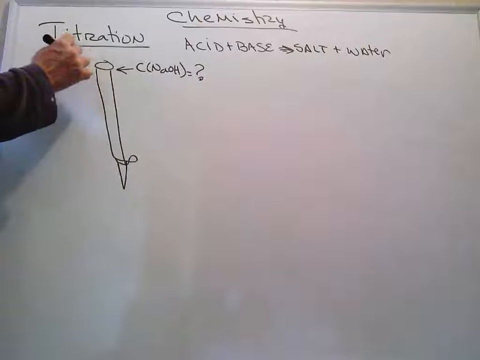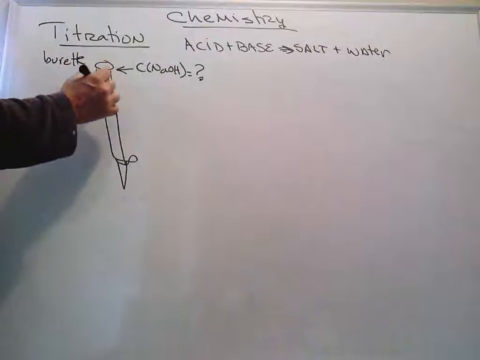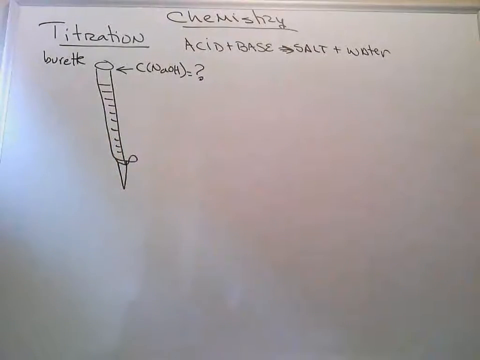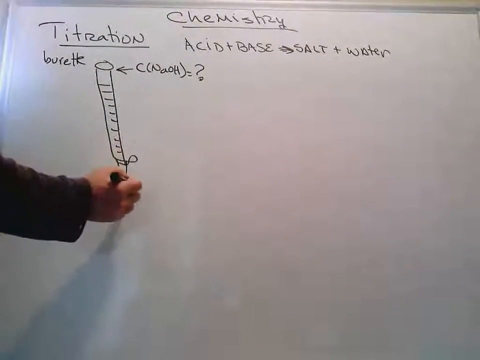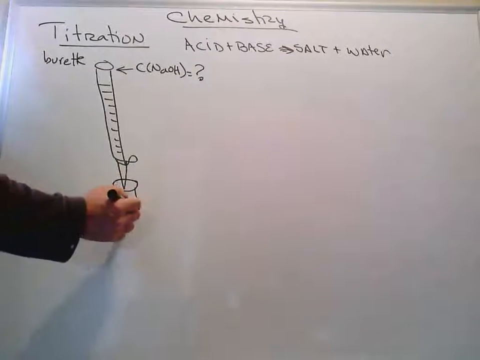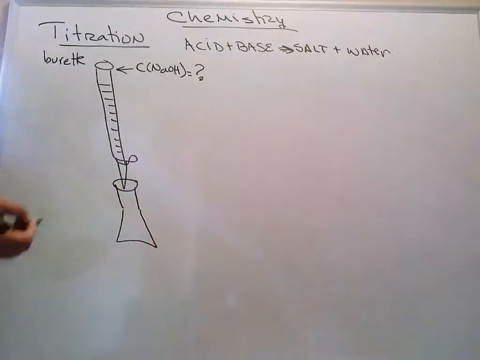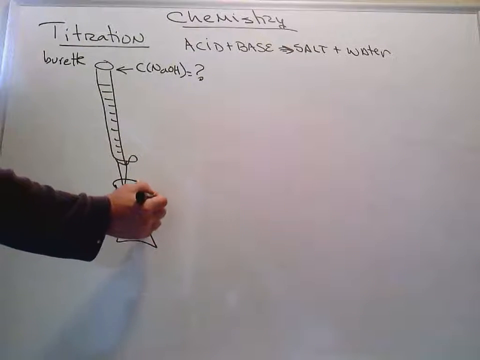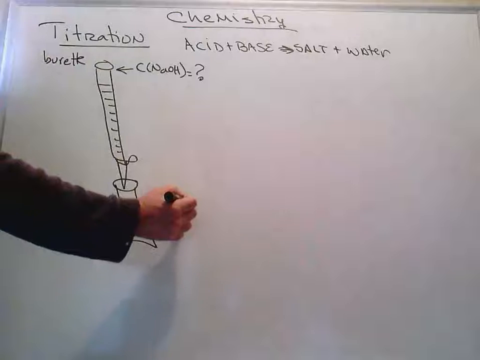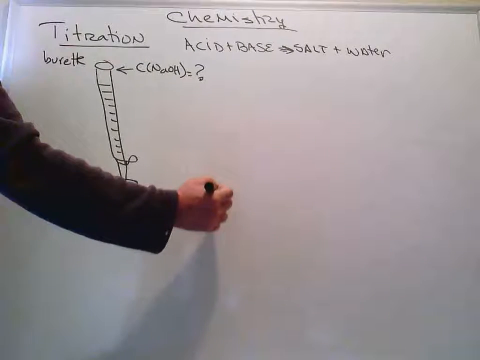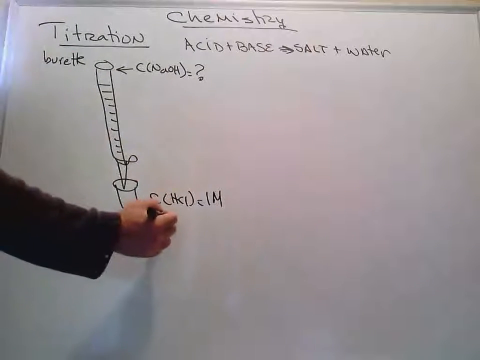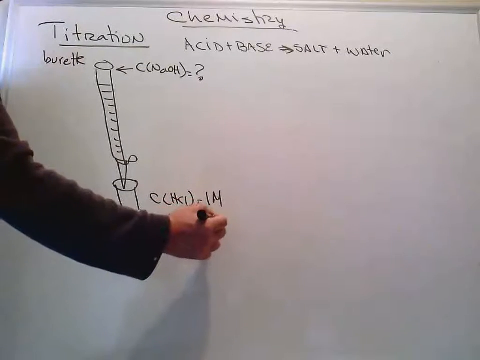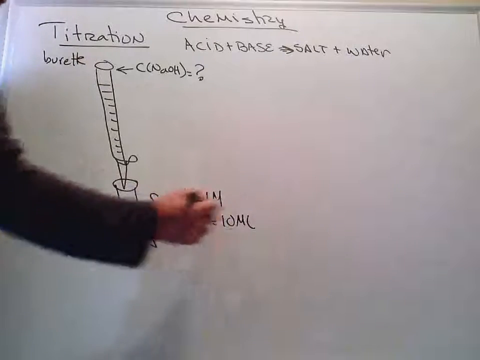Remember, the burette is a tool we use in chemistry to measure very exact volume, and at the bottom we will add a conical flask or Erlenmeyer with some concentration of hydrochloric acid, let's say 1 molar, and 10 milliliters, that will be the volume we add of hydrochloric acid.